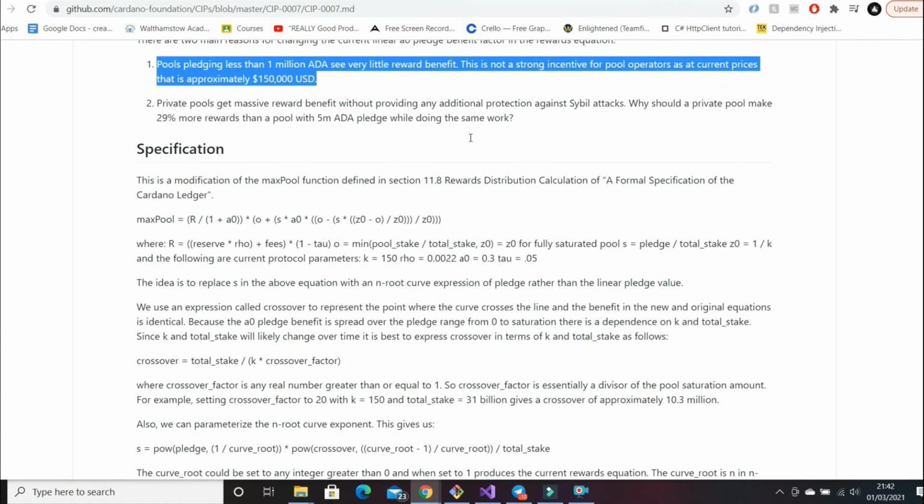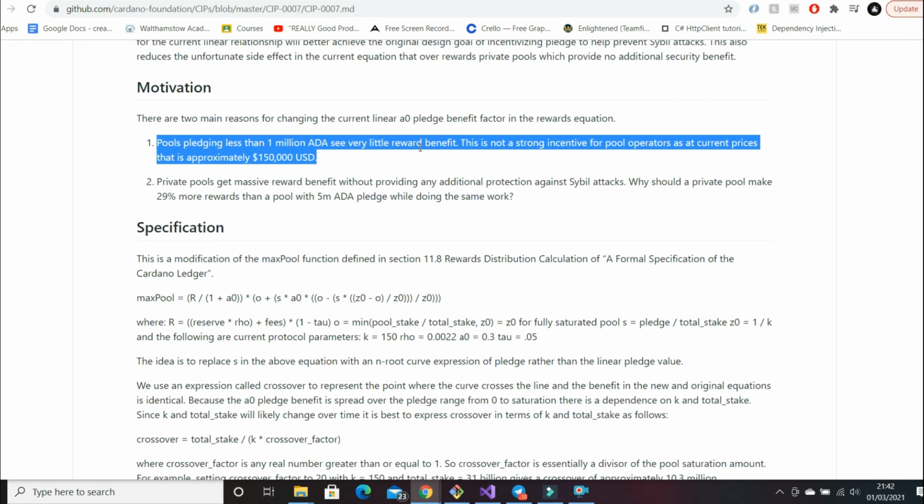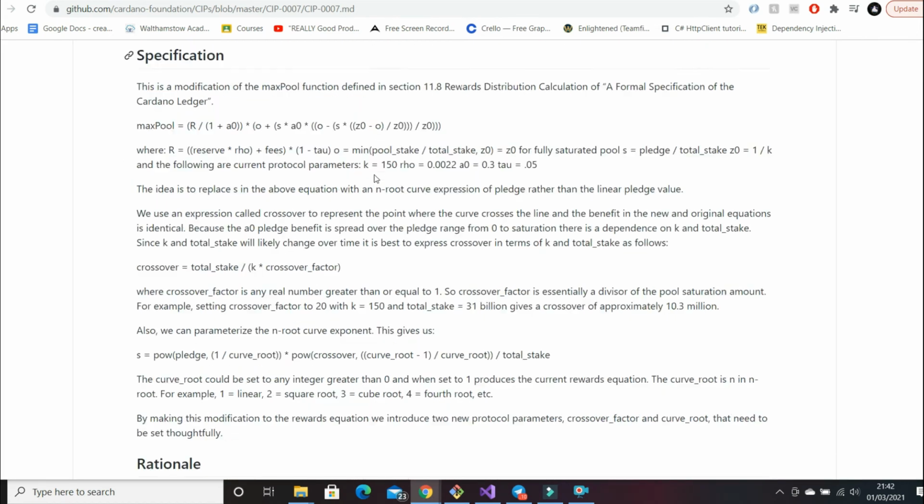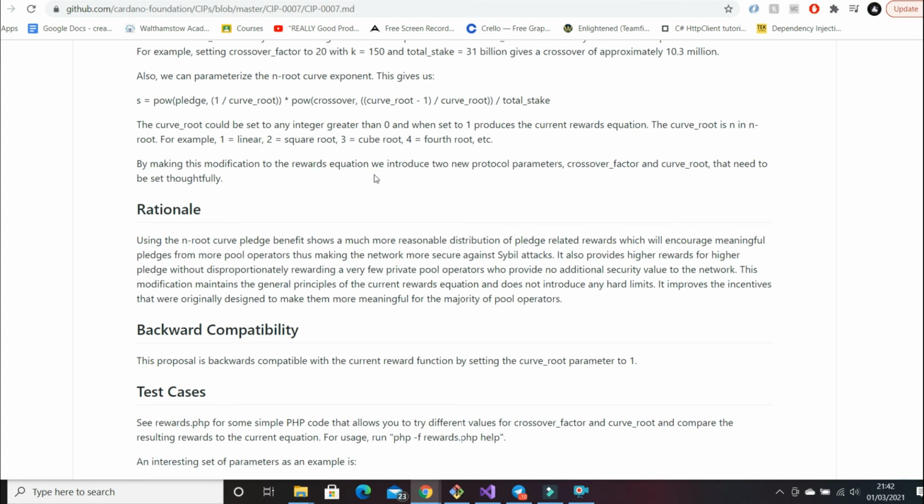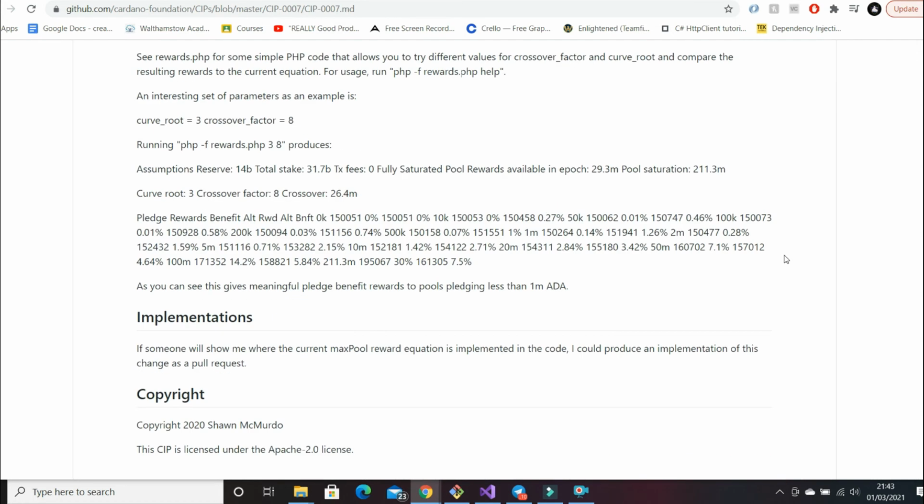But the idea is, if you're pledging less than 1 million ADA, you get a more proportional reward as opposed to pledging a lot more than 1 million ADA. And I would say that's actually a great feature because it rewards more people to get involved in Cardano staking. And it also helps counterbalance the price appreciation of Cardano and how much more difficult it is to accumulate 1 million Cardano as the price of it increases over time.